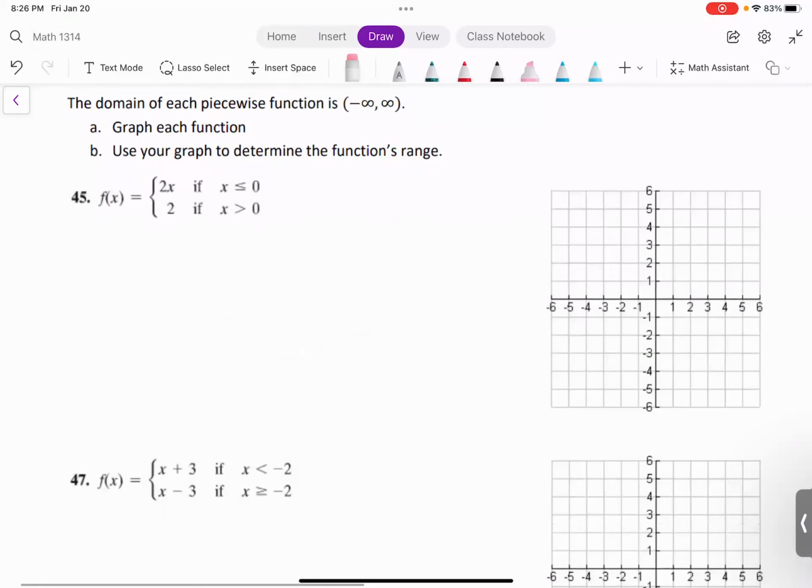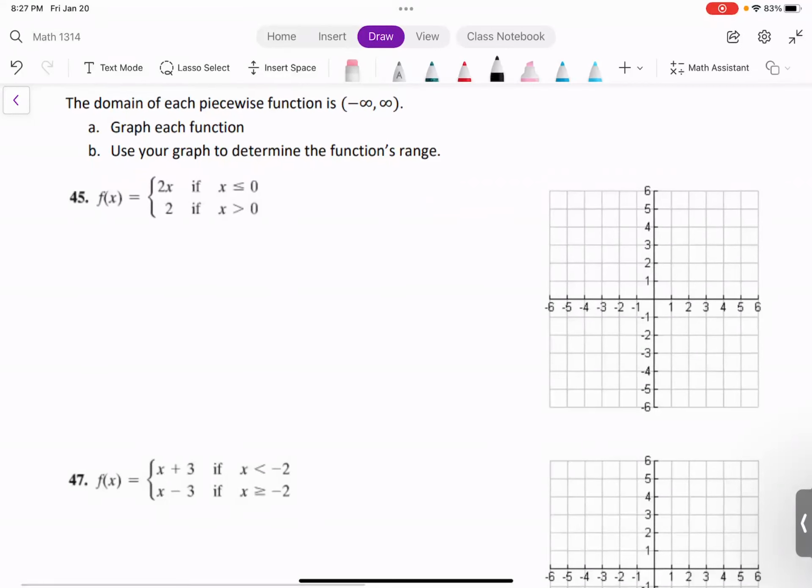So let's see the right-hand side of the function. That means x is divided by 0 into 2 parts. So the whole domain is divided at 0 into two parts if I draw a number line. Here is 0. On the left side of 0, x is less than or equal to 0.